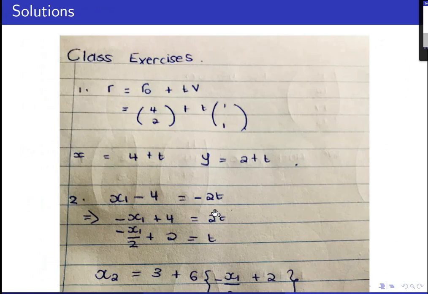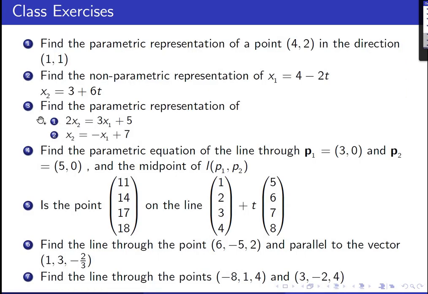So we need to go back to solve the third exercise. In the third exercise, we need to find the parametric representation of 2x2 equals 3x1 plus 5, and x2 equals negative x1 plus 7.